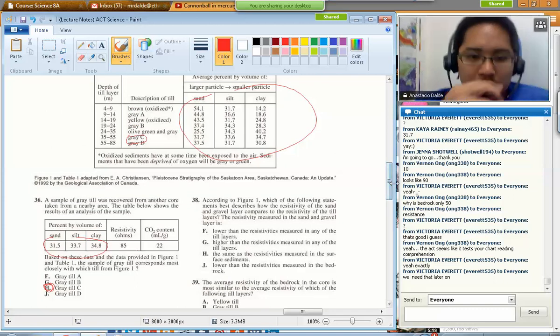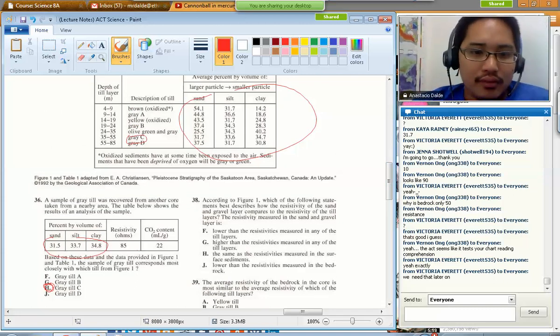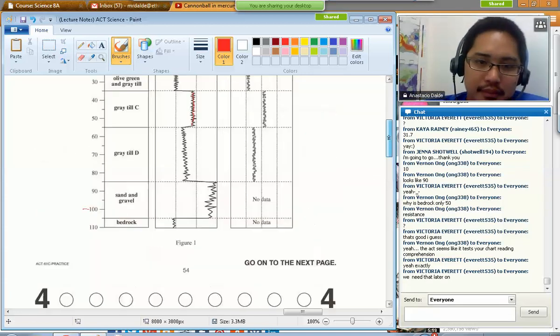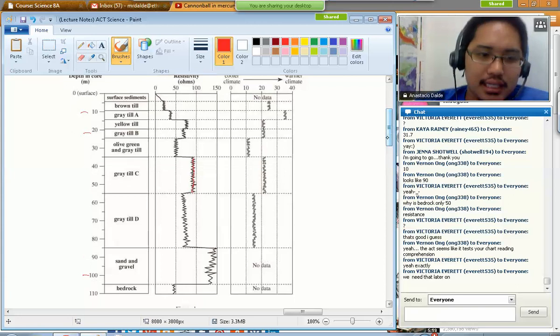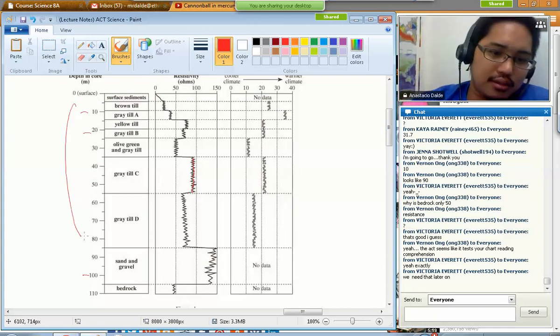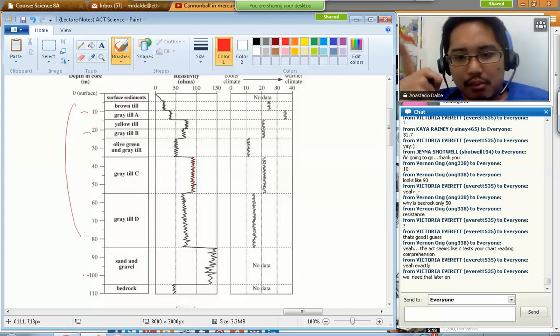But anyway, in Figure 1, which of the following statements best describes how the resistivity of the sand and gravel layer compared to the resistivity of the till layers? So, look at the resistivity. Compare sand to all the other tills. These are the tills. There's sand. What can you tell me about the resistivity?